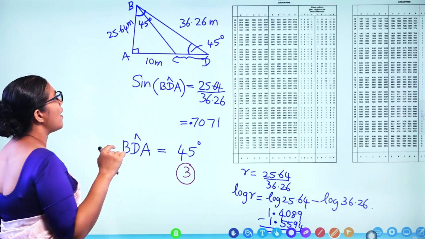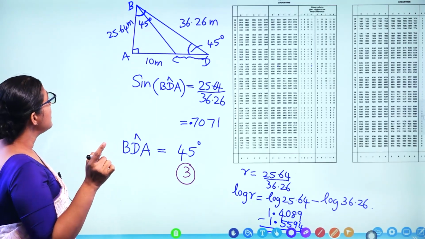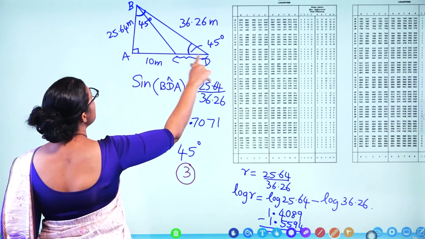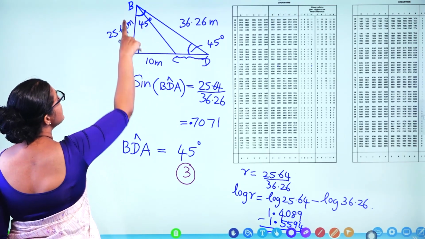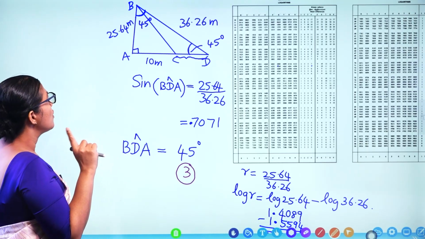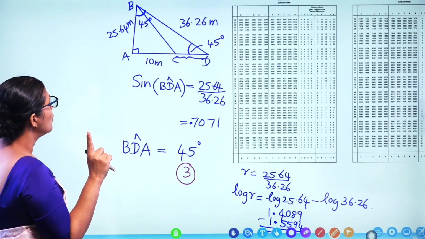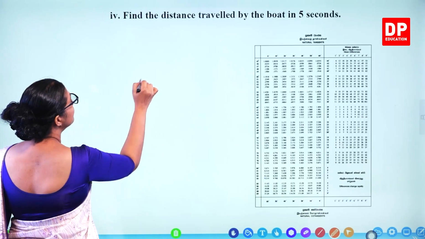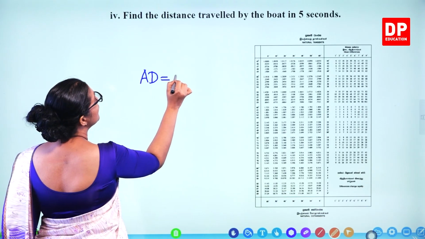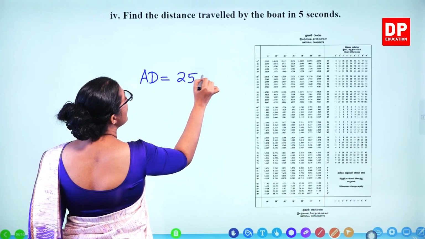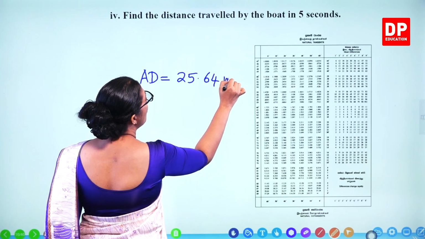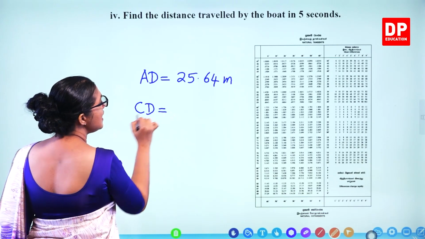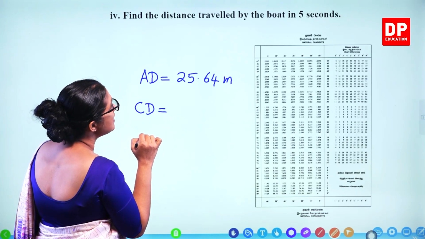90 minus 45. So this is an isosceles triangle. 2 sides are equal. So AD should be equal to the same length as AB, 25.64. So AD equals 25.64, and you can straight away find out the CD length.